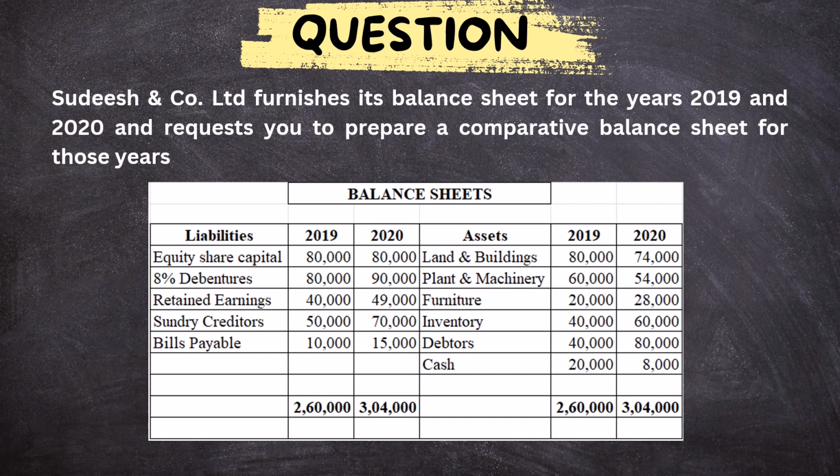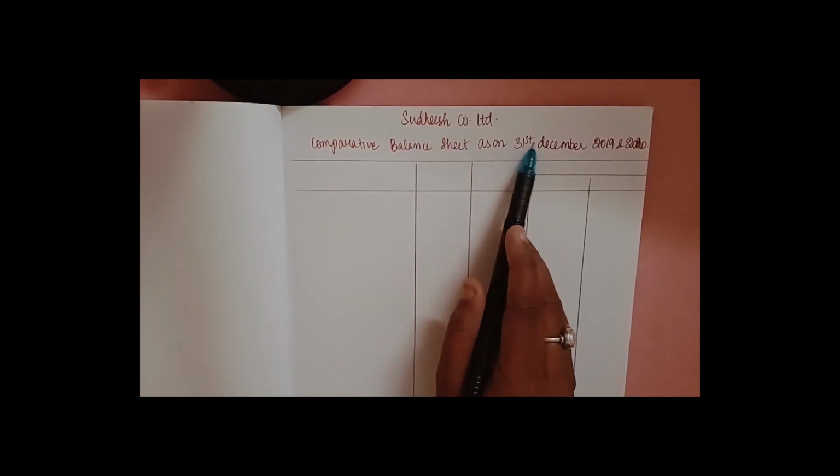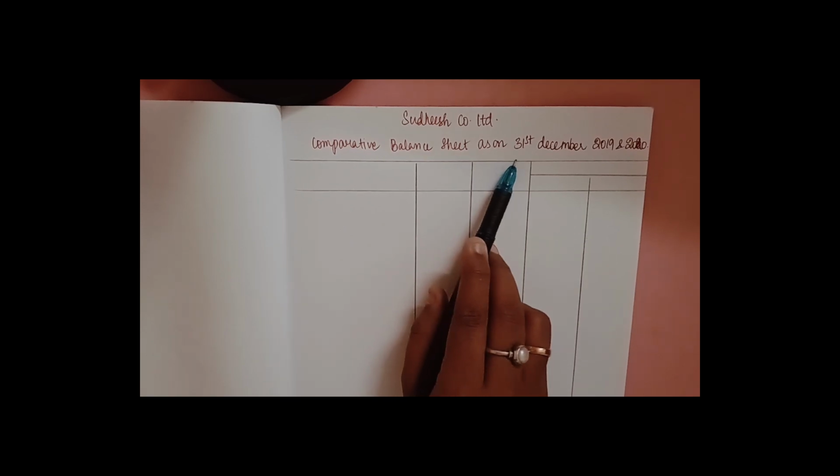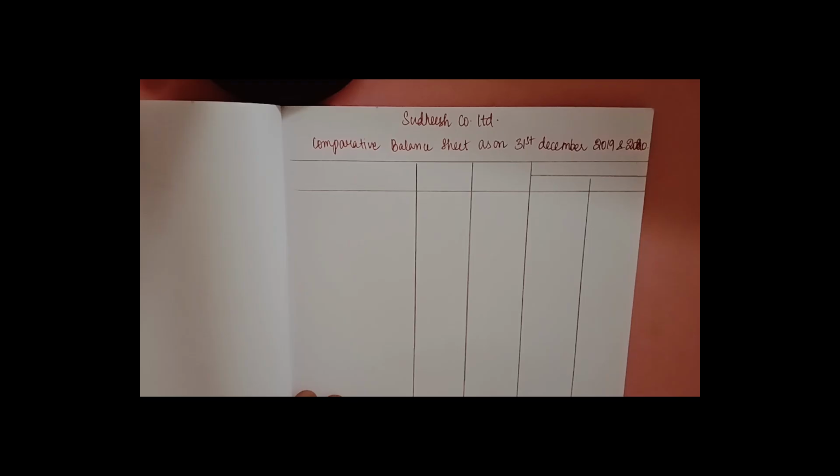Here the question is, Sudhish Company Limited furnishes its balance sheet for the years 2019 and 2020 and requires you to prepare a comparative balance sheet for these years. Here a balance sheet is given with the data of 2 different years. So we will be comparing the assets and the liabilities as per the format. Comparative balance sheet, Sudhish Company Limited, as on 31st December 2019 and 2020. This is the format that we are supposed to follow.